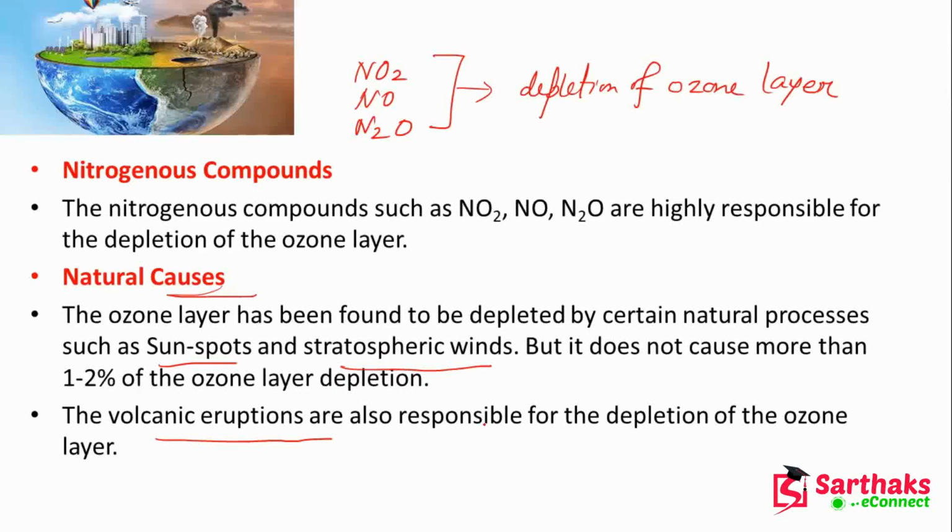Sunspots are phenomena on the sun's photosphere that appear as temporary spots that are darker than the surrounding areas. They are regions of reduced surface temperature caused by the concentration of magnetic flux that inhibits convection.